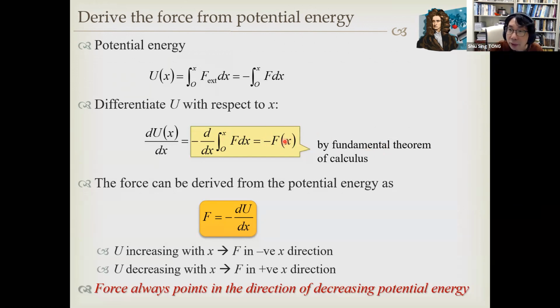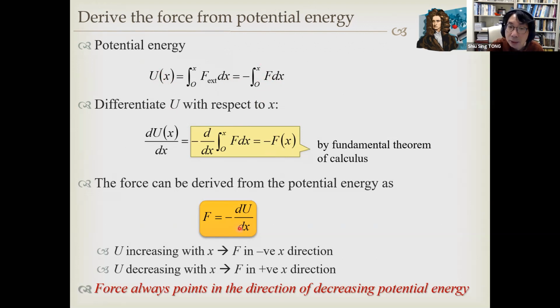Now, so we have found F from the potential. If you are given the potential energy U, you simply differentiate it with respect to x and add a minus sign, you get the conservative force. That is a rule, okay? When you go from the conservative force to the potential energy, you add a minus sign to F, you integrate from 0 to x, you get the potential energy.